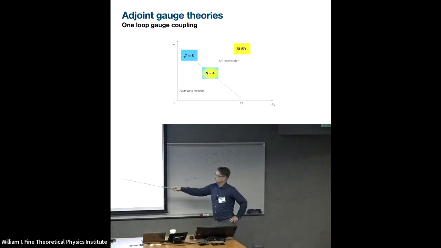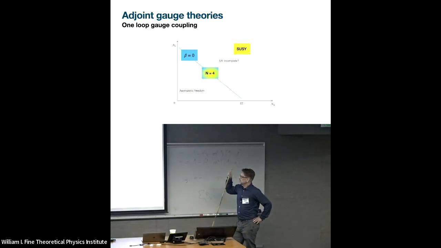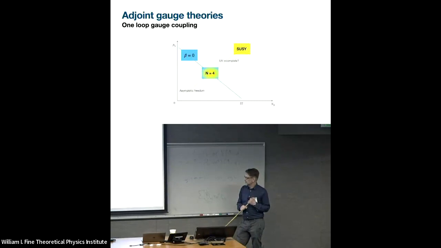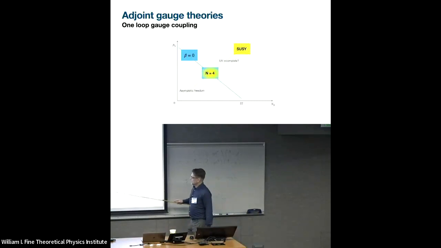N equals 4 super Yang-Mills is here in the middle. It's a beautiful theory, although it's perhaps not what we are most interested in here today. But to learn about these theories and what properties they have is a general question, and there are some interesting relationships here which are a bit surprising.